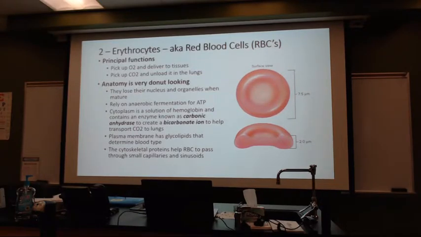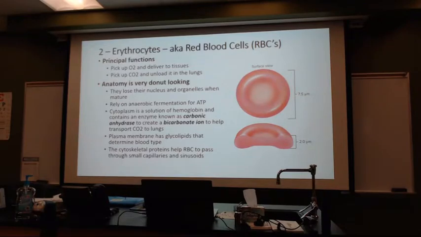So the body had to figure out a way to get the CO2 back to the lungs so that we could breathe it out. And it did. And it actually requires that CO2 going to the blood, not necessarily a red blood cell.